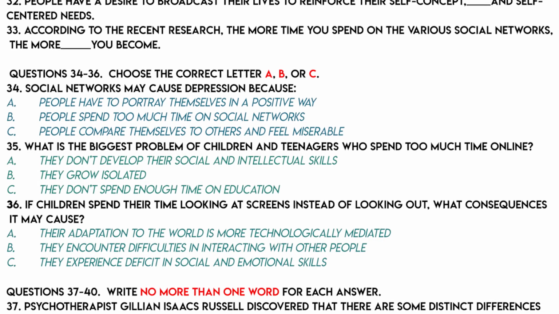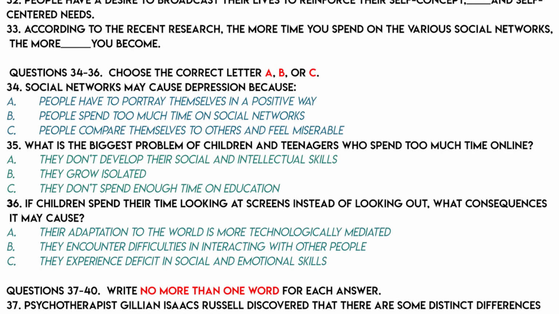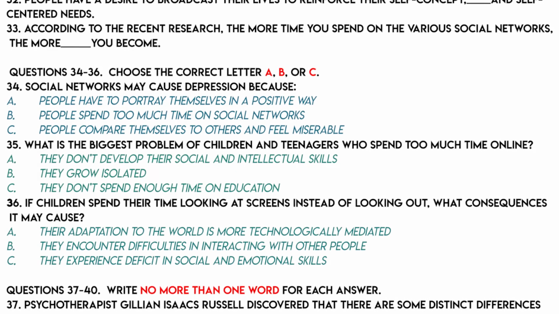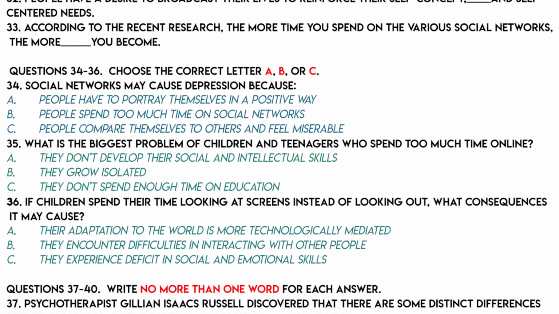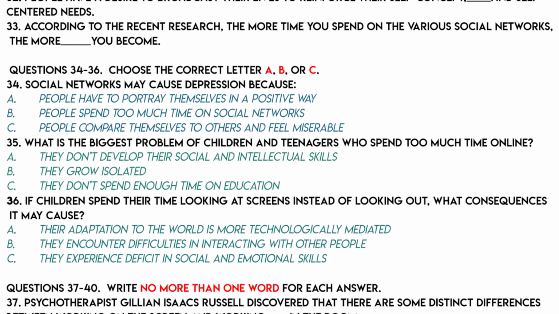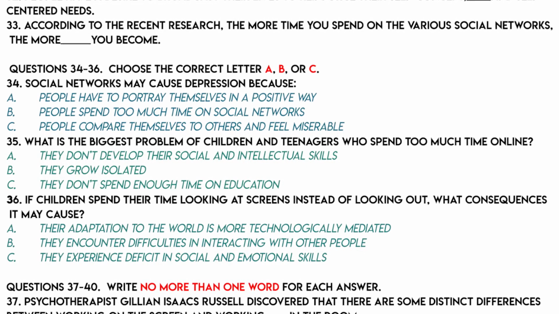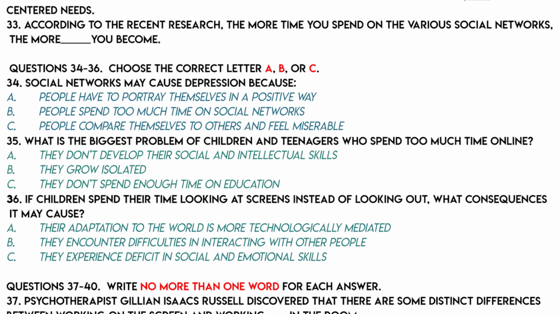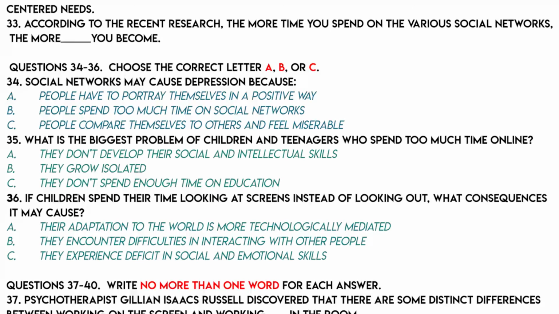The first was by Common Sense Media, which looked at just under 3,000 US children aged 8 to 18 about their media habits. They found that teenagers were spending about 9 hours a day online with media, and tweens, so 8 to 12-year-olds, were using media for about 6 hours a day. So this is quite a substantial amount of time, and a time in which they'd probably be better off outside playing or socializing in person with other people.